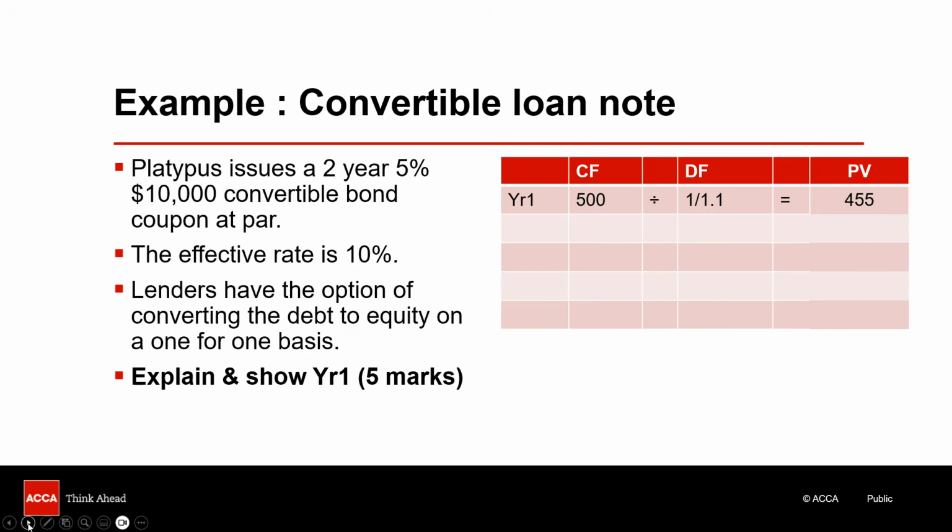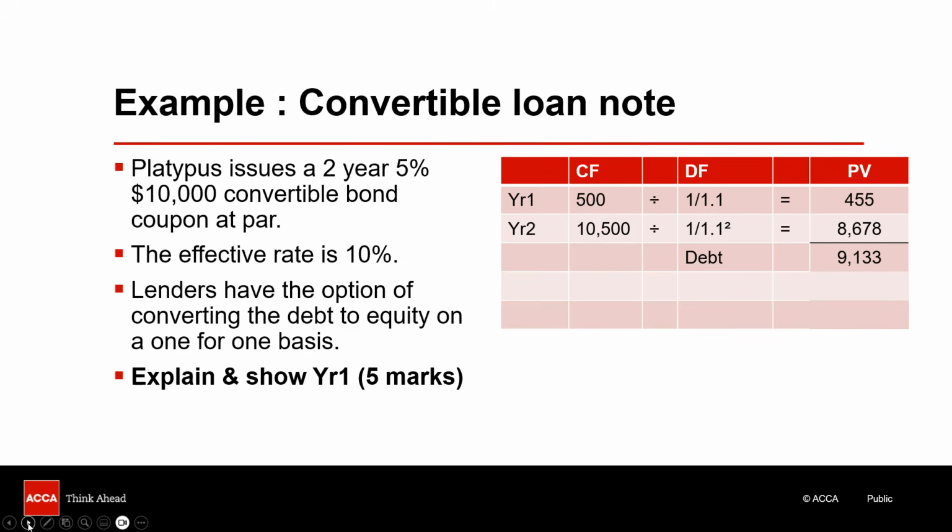If we're going to measure the initial recognition of the debt, there is no market to observe, and therefore we need to do a calculation of the present value of the future cash flow. Now in year 1, the future cash flow is 500 because it's a 5% coupon rate on a 10,000 bond. The discount factor is 10%, so we are dividing by 1.1 or multiplying by 0.909 to give you, in this case, a present value of 455.